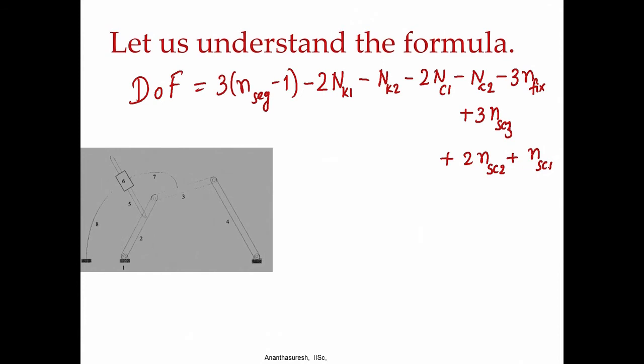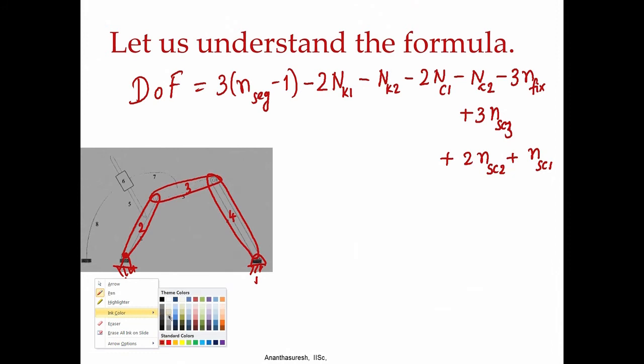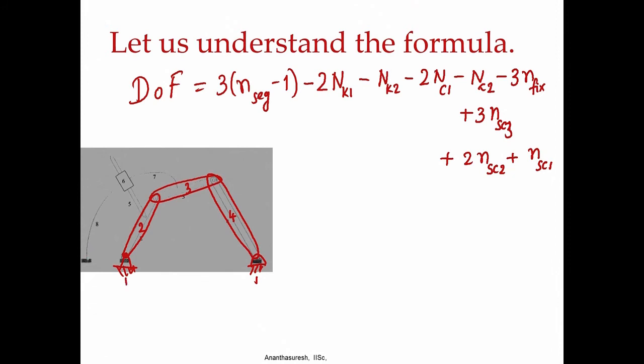If you look at the mechanism, let me redraw it. Here there is a rigid body, there is a rigid body here, there is a rigid body there. So, we have 1, and then let us call this 2, this is 3, this is 4, like a 4 bar linkage, and that is the rigid chain. Let us use a different color to show the compliant part. There is an elastic segment, there is an elastic segment. This is where the fixed connection comes.